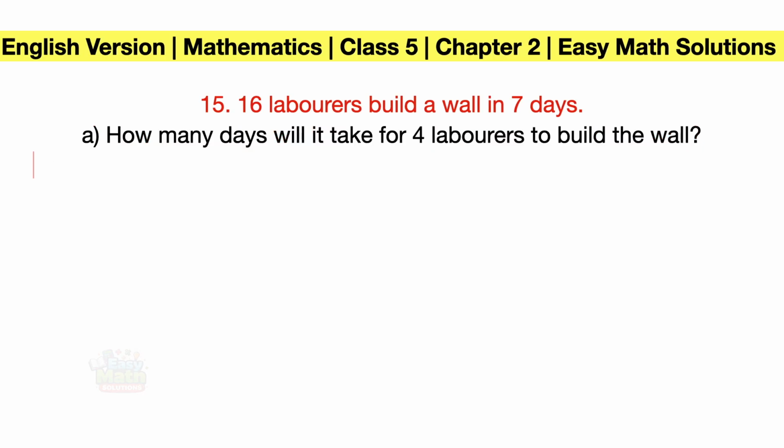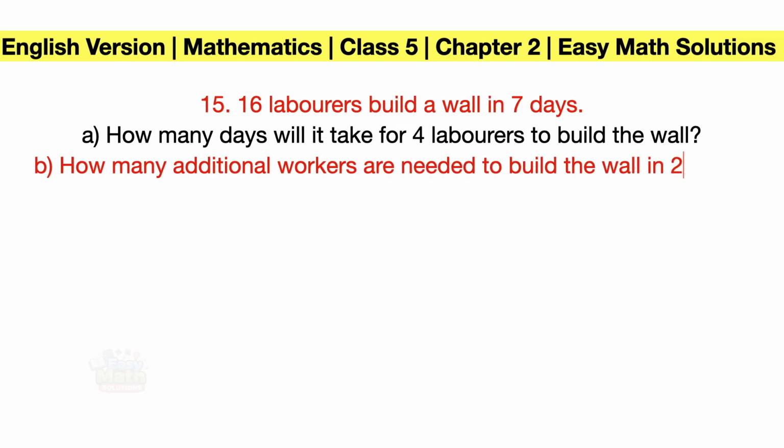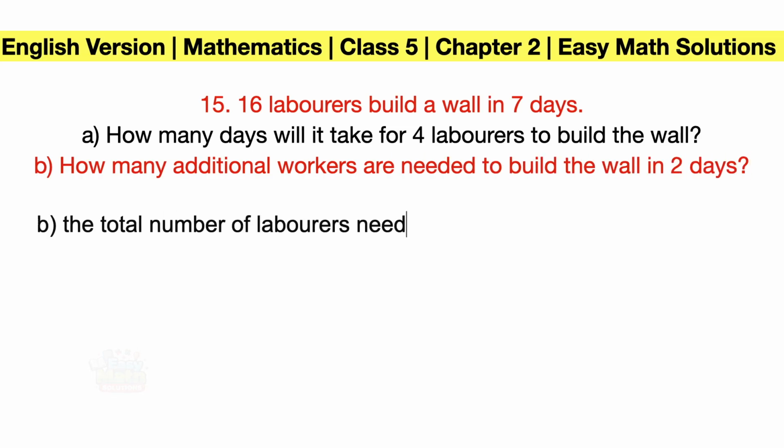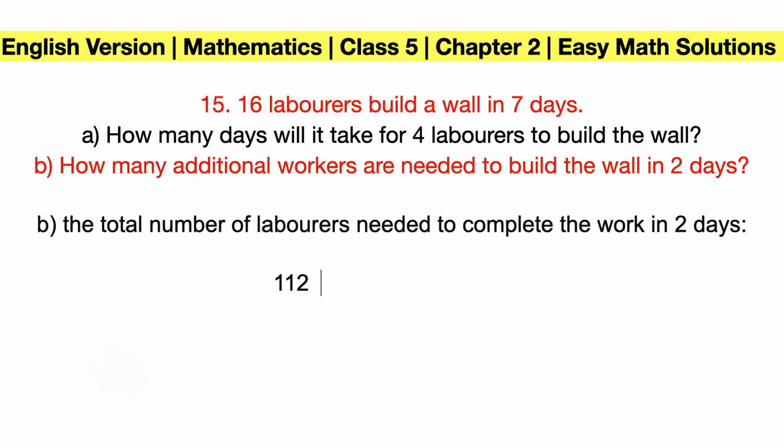And then how many additional workers for 2 days? The total number of laborers needed to complete the work in 2 days is 112 divided by 2, that means 56 laborers. 56 laborers complete it in 2 days, but the question is how many additional workers?